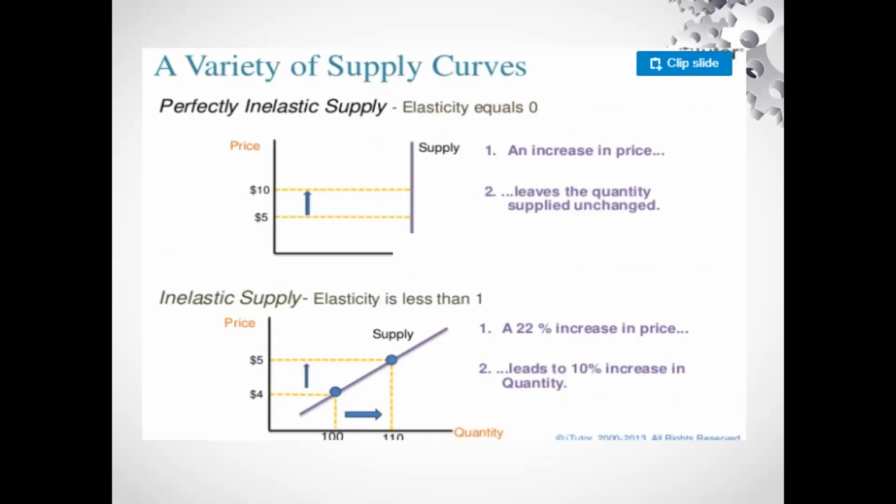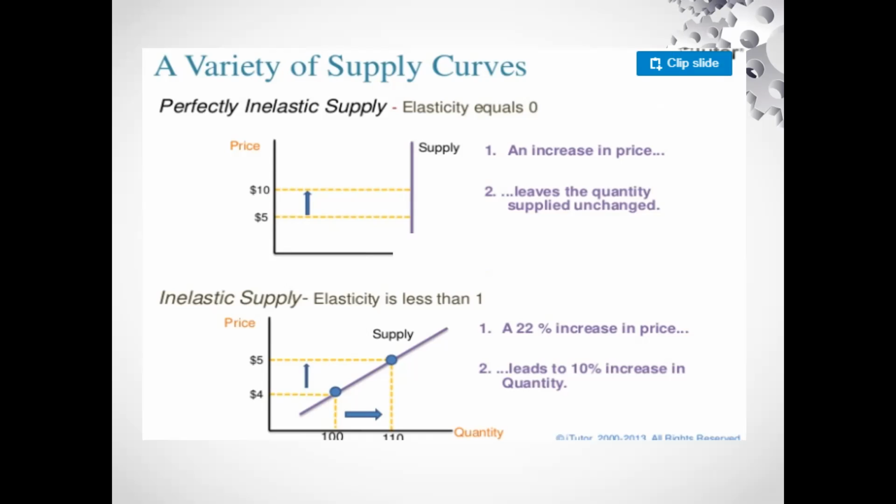And just like elasticity of demand, we have various types of elasticity of supply also. The first is perfectly inelastic supply, where the commodity is perfectly inelastic to the supply.